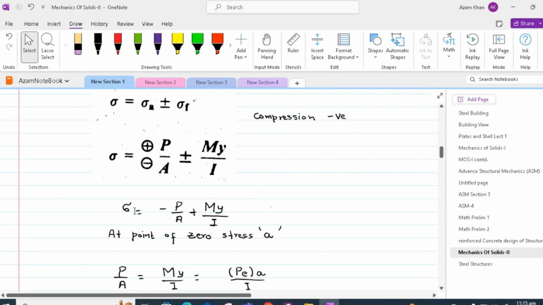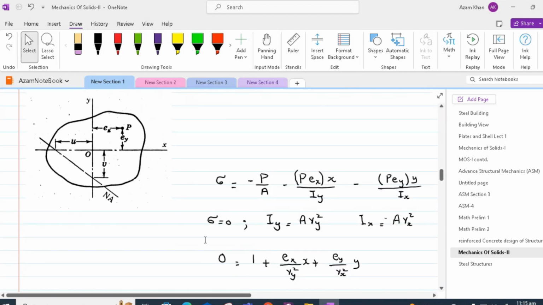Similar to the previous case, we can again put sigma equal to 0 and simplify this equation. We can also plug the value of moment of inertia equal to area times the square of the radius of gyration. Thus, Iy equals A ry squared and Ix would be equal to A rx squared.